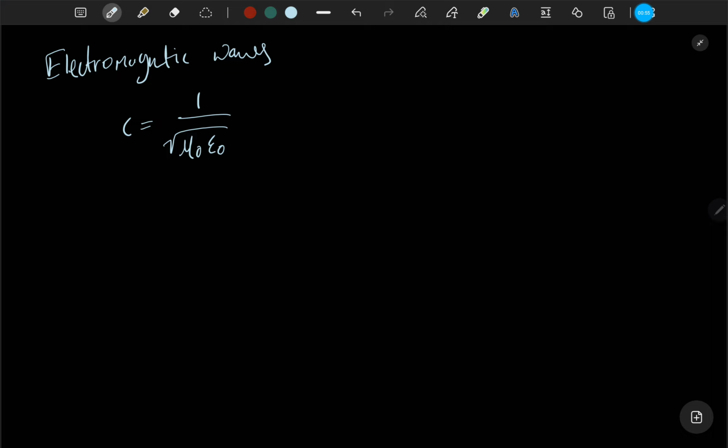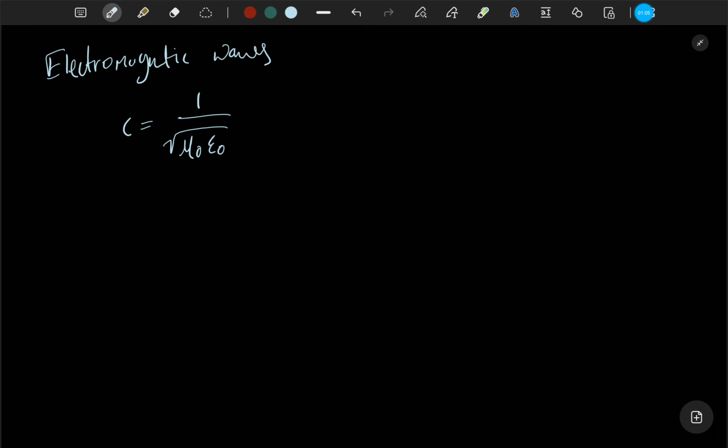So in vacuum, the electromagnetic waves propagate at c equals 1 over the square root of mu naught epsilon naught, right? Where epsilon naught is vacuum permittivity and mu naught is vacuum permeability.